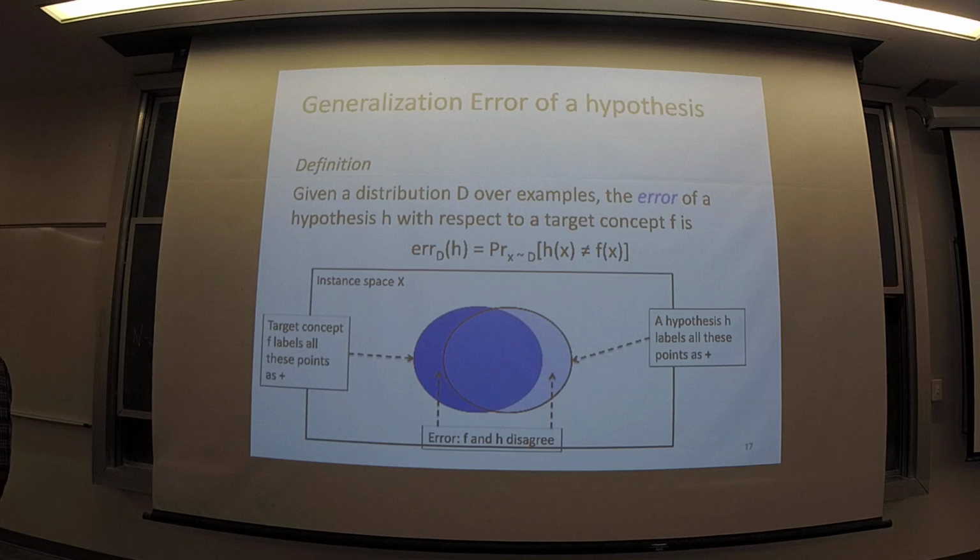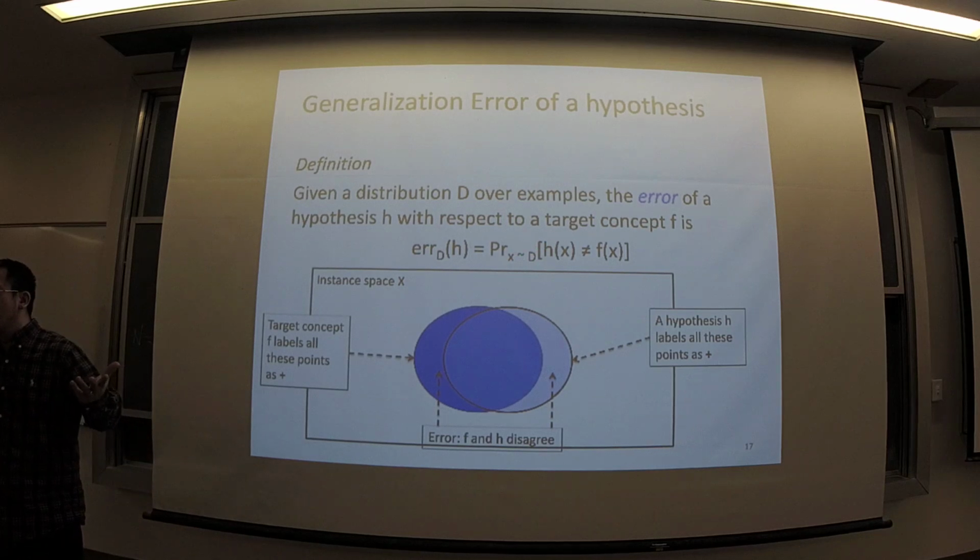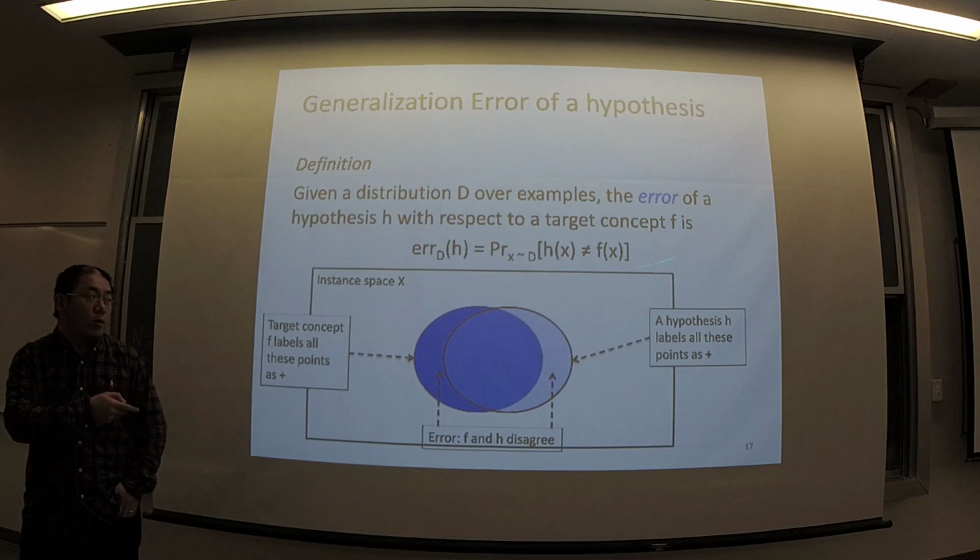Is there any other? We can't get a value for every point. We just sample from some distribution. Yeah. To be more explicit, we actually do not know the form of D, right? So we only have to sample.